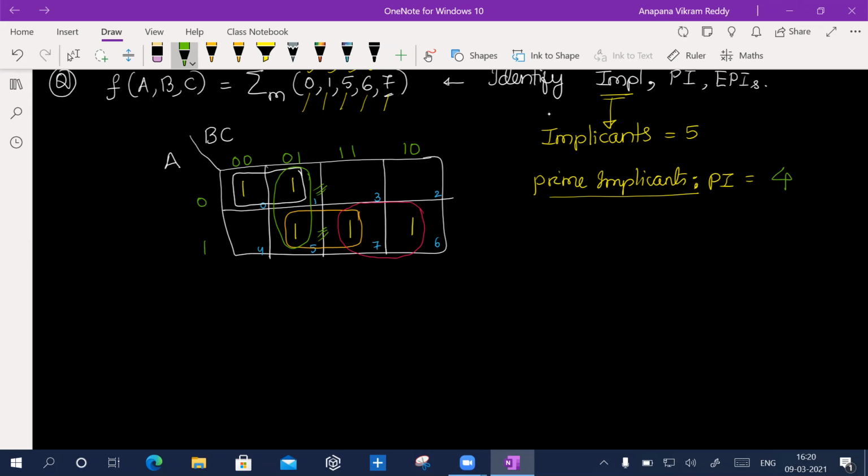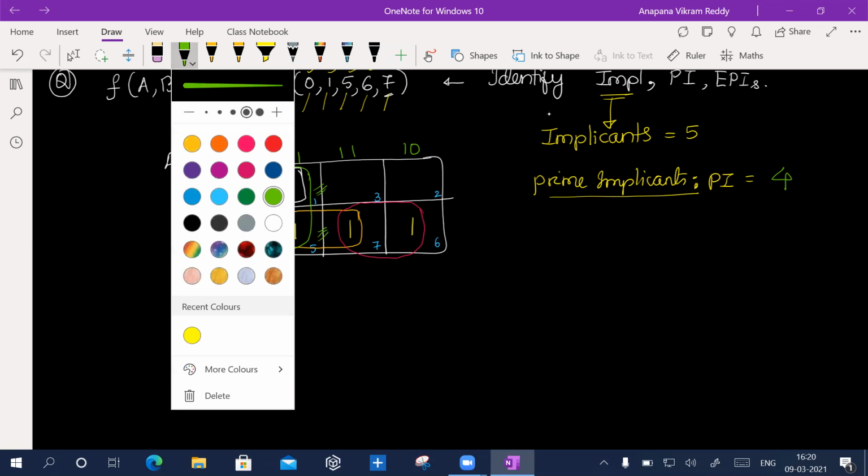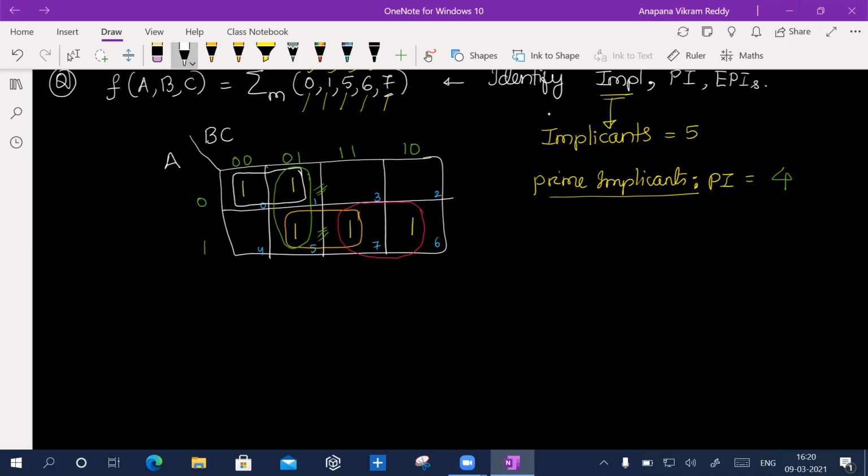What are those? In the GATE examination, they also ask how many and what are those. The first one is A complement, B complement. Agree? And what about this one? I don't want the expression, I'm just asking. B complement C, very good, because A is changing from 0 to 1.